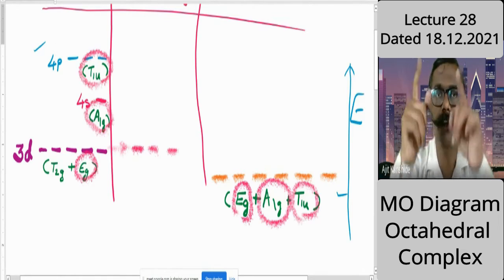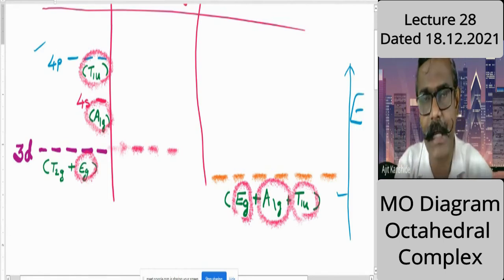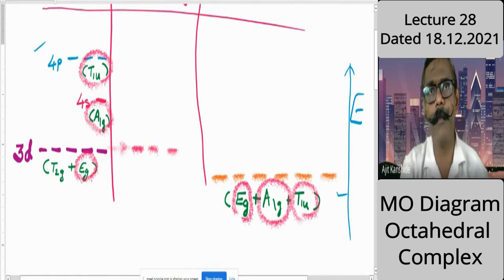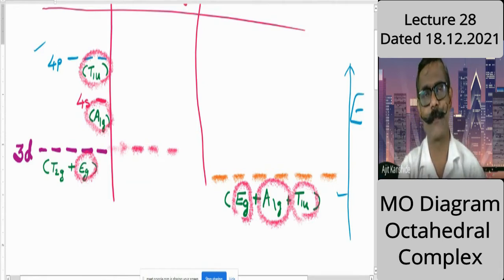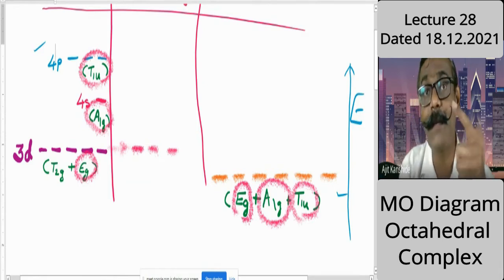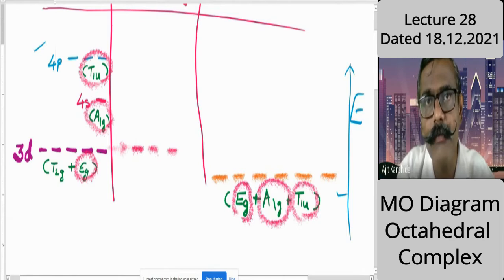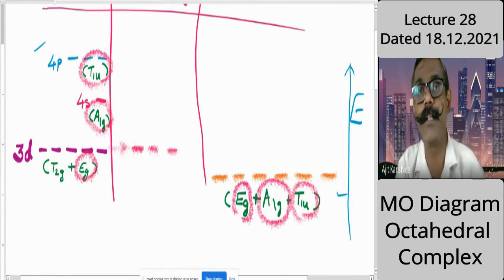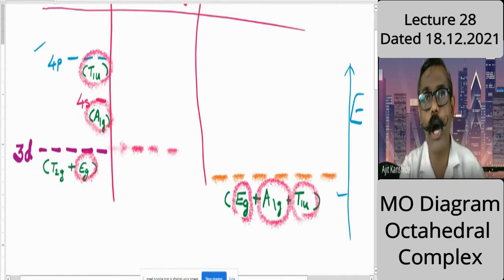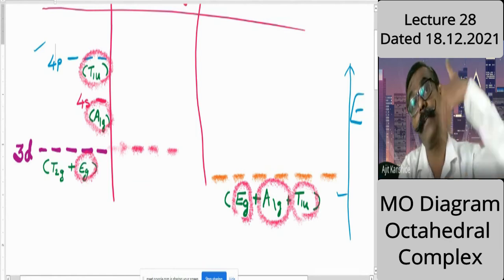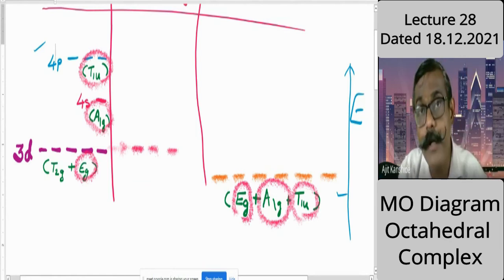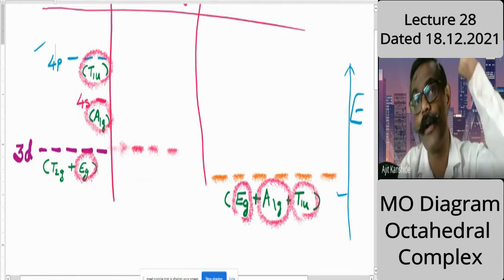Wherever I say combination, it means interaction, means overlap. Then there are two possibilities: one of addition and other of subtraction, one of constructive interference and other destructive interference, one of decrease in energy and other of increase in energy, one of bonding orbital and other of anti-bonding orbital.